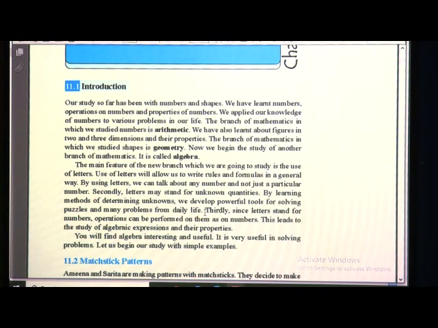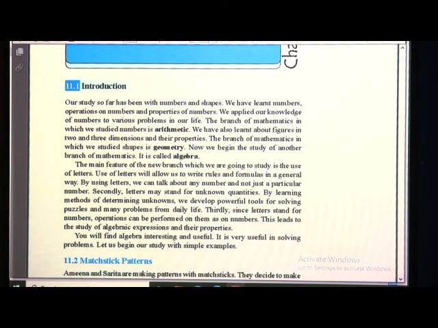For example, 1 kg rice is equal to 55 rupees. Then what is the cost of rice for 3.5 kg? We need to find this. We don't know the exact amount, so to find it we use letters, and we can solve this type of problems in our day-to-day life.